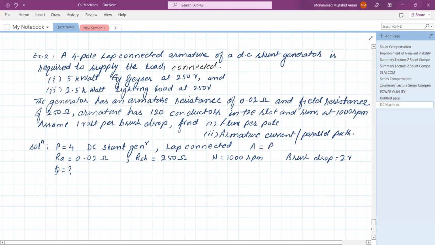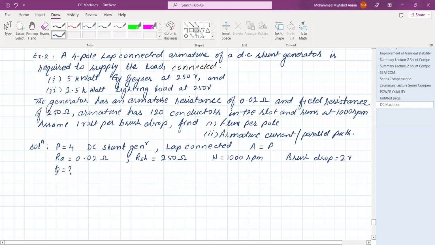Because it is a 4-pole generator and lap connected, the number of parallel paths is equal to the number of poles. So to determine the armature current in a DC shunt generator, it is better to draw the circuit diagram. So we will draw a circuit diagram.